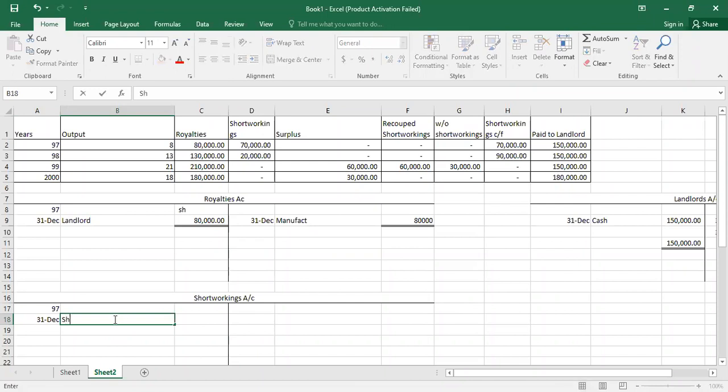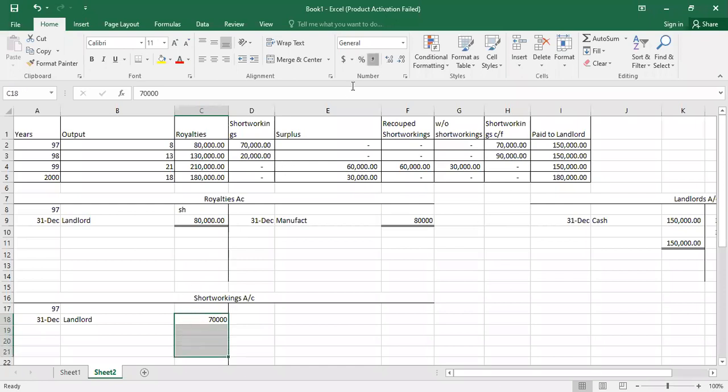So I debit the short workings account, landlord, 70,000. Are we there? Yes. So this will be carried forward in the subsequent year, 1998.